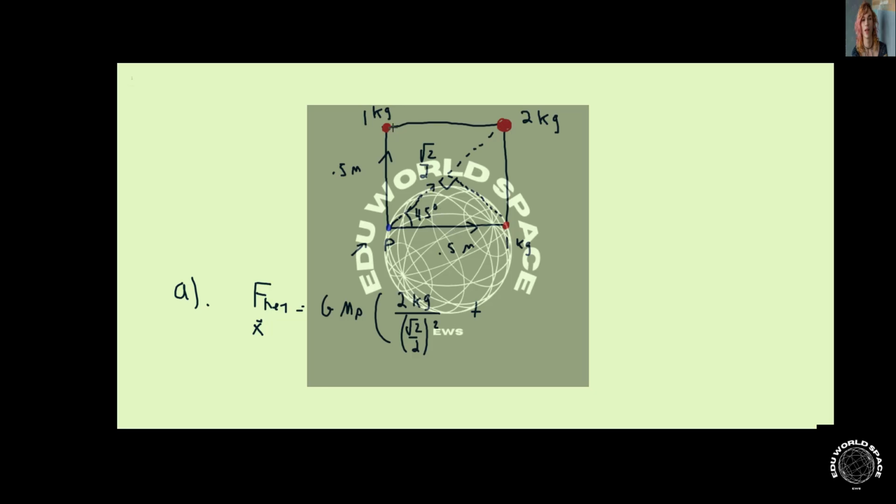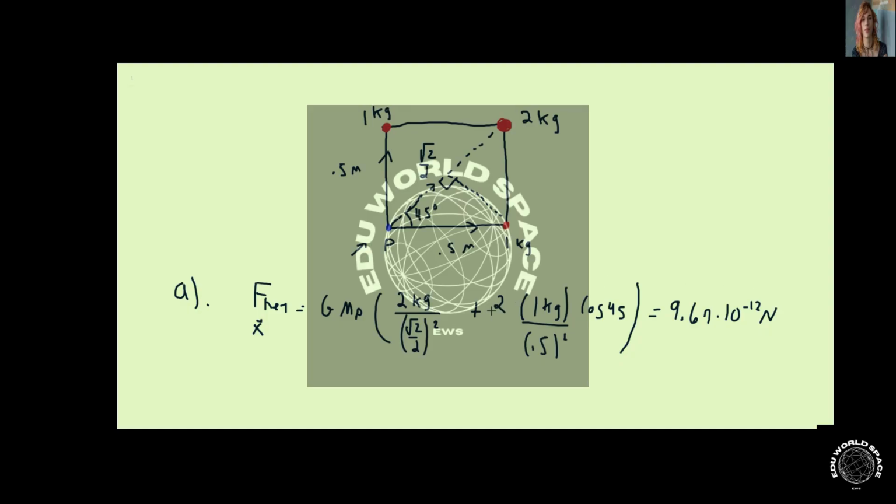By symmetry, it'll be the same thing for the other one, so we have two of these terms. So 2, and these masses are 1 kilogram, and then the distance is 0.5 meters squared, and then we have that cosine of 45 term. Now we should be able to evaluate that, and we'll get 9.67 times 10 to the minus 12 newtons.